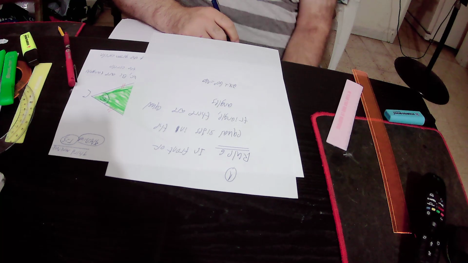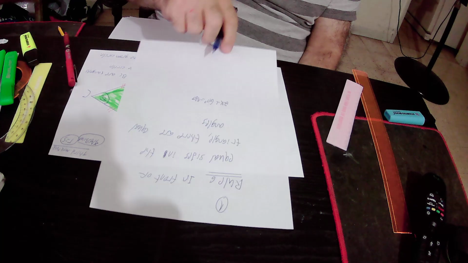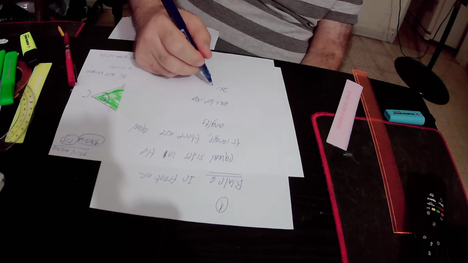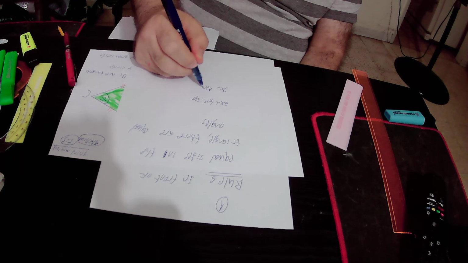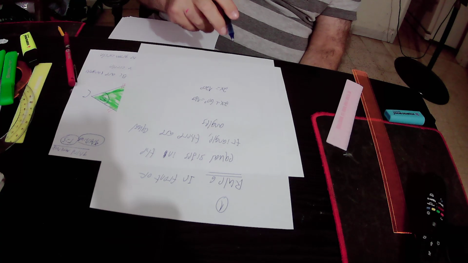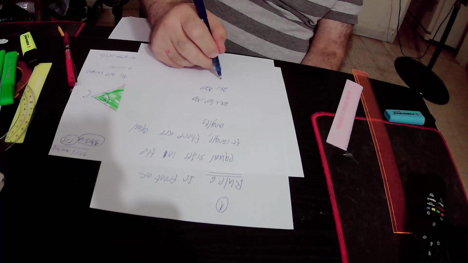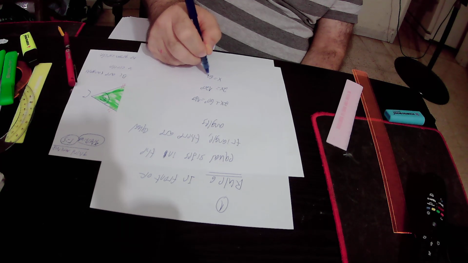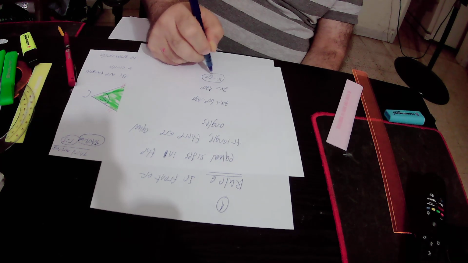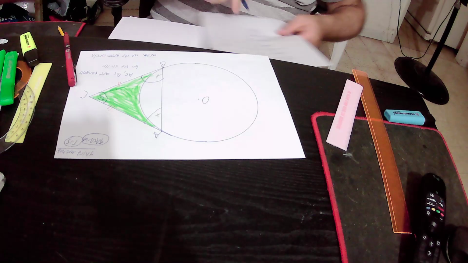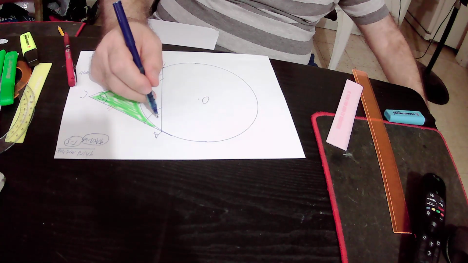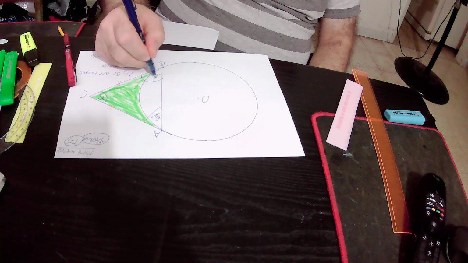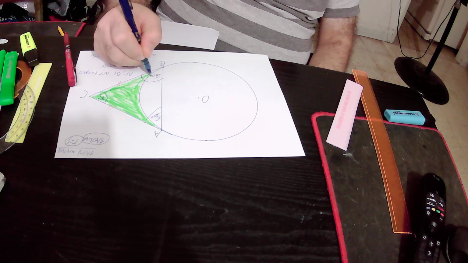Here we will subtract 60 degrees, and we will get that 2x equals 180 degrees minus 60 degrees, which is 120 degrees. Here we will divide this equality by 2, and we will get that x equals 120 degrees over 2, which is 60 degrees. So we found out that this angle equals 60 degrees, and this angle also equals 60 degrees.